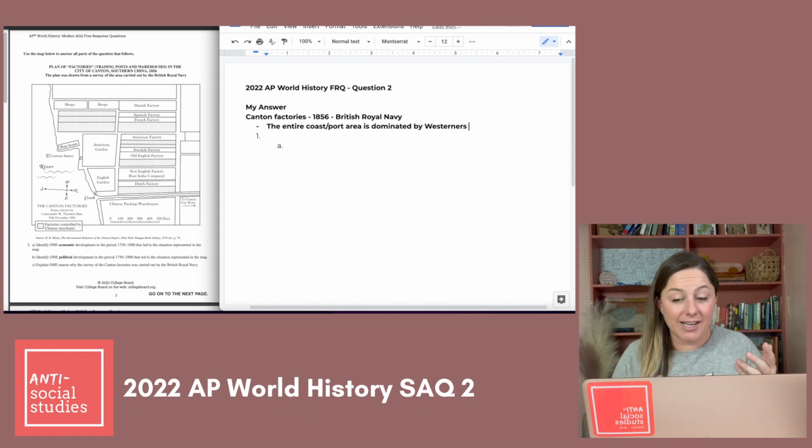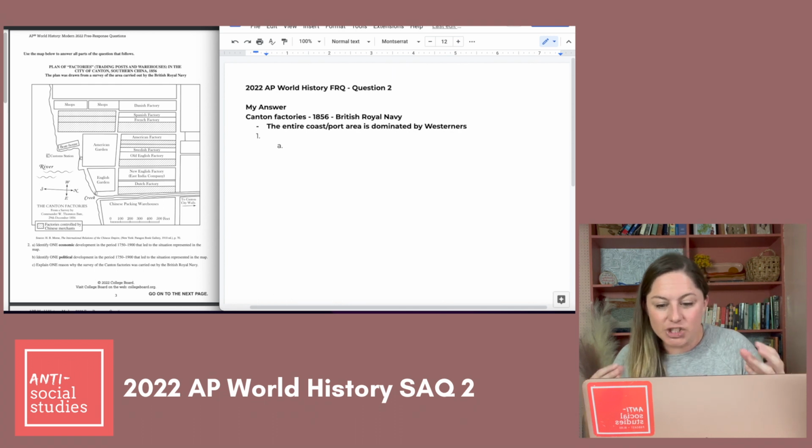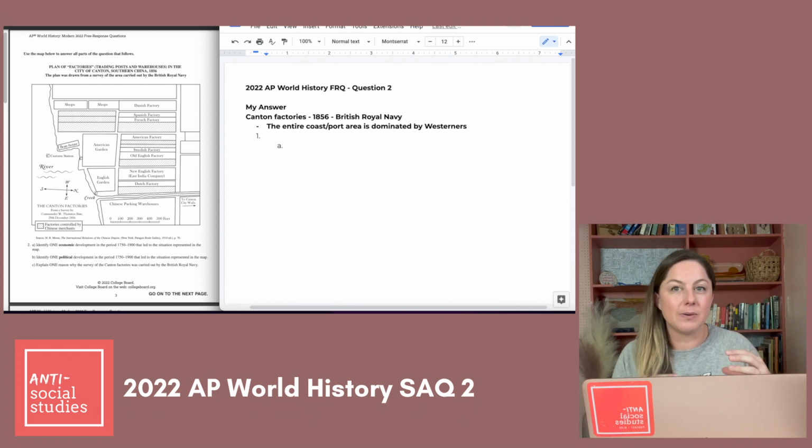There are shops, and the Americans and the English each have their own garden. Chinese packing warehouses, where we can assume the Chinese workers are. And this is outside Canton city walls, so probably outside of the realm of the government. This makes sense if we've learned about China in the 1800s.